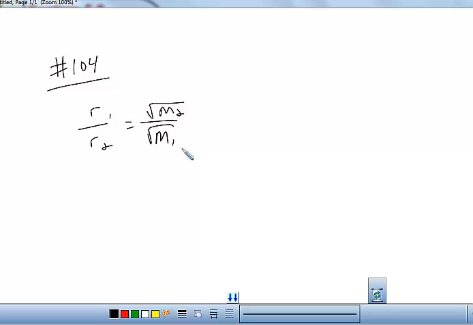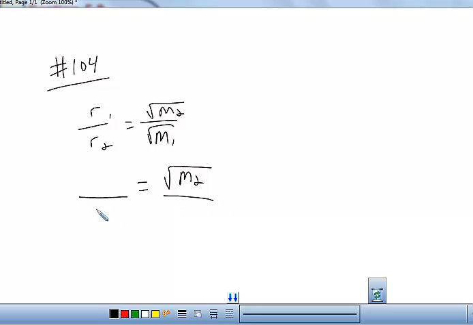In this case, it talks about the rate of effusion of a particular gas, but we don't know the molar mass of that gas. So for the sake of math, I am going to keep the gas that we don't know the molar mass of as M2. I've got it on top already. I don't have to try to get the M1 up on top. So that's how I think of it.